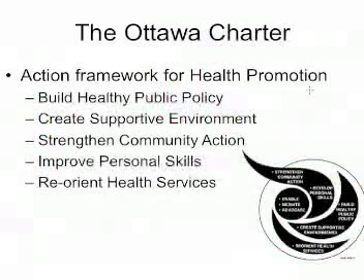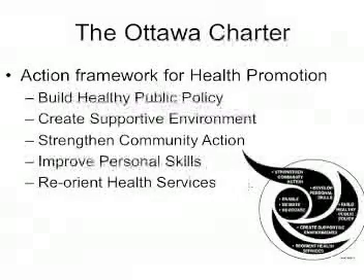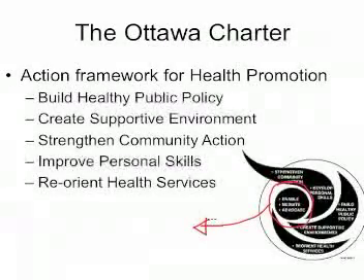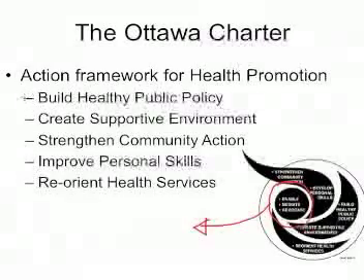Now, if we look at the model for the Ottawa Charter for Health Promotion, we see here the enable, mediate, advocate aspects that we've already learned, but there's a number of other frameworks which are the principles of the Ottawa Charter for Health Promotion. And there's 5 of these.